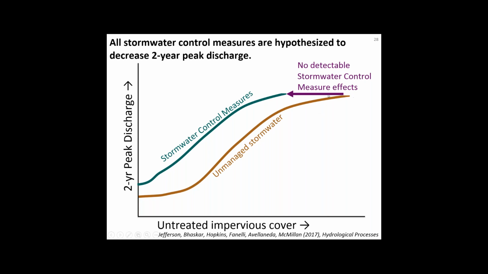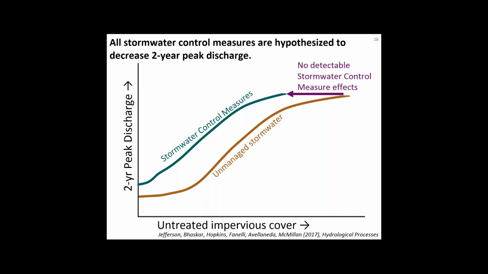And then here in purple is what happens once we start to implement stormwater control measures. We're now going backwards on that x-axis. We still have impervious cover, but now we're treating it with stormwater control measures, so we're moving to the left on the x-axis.